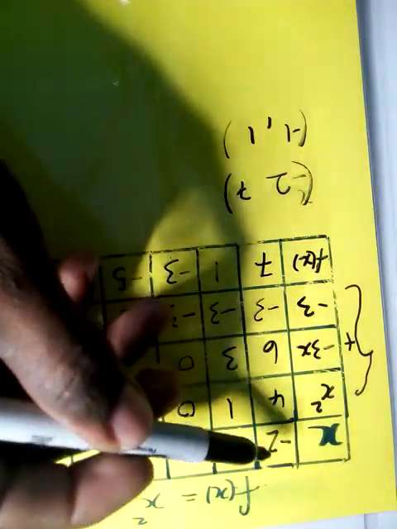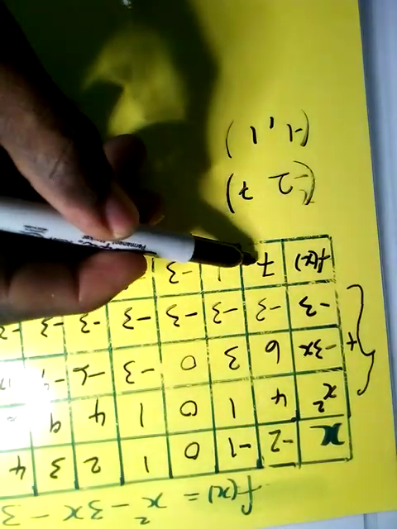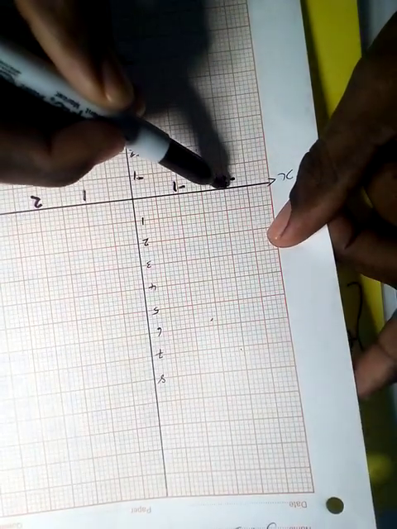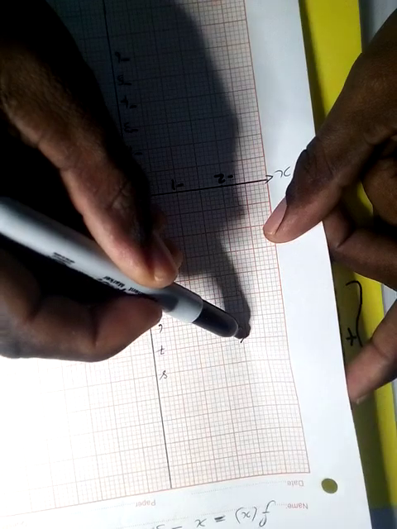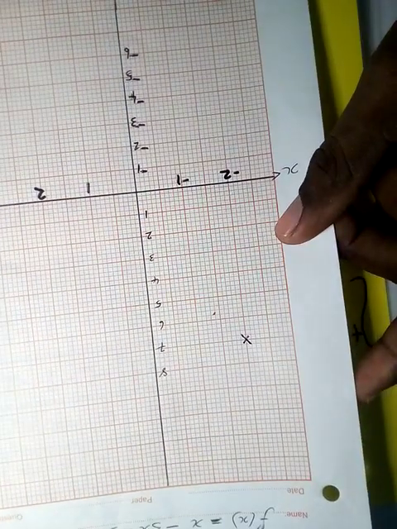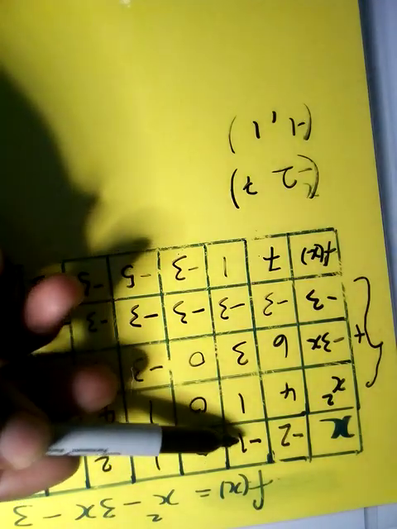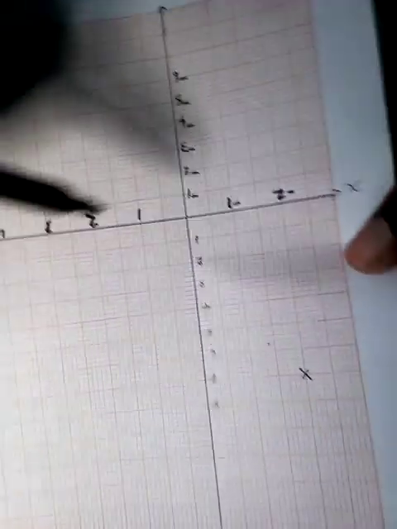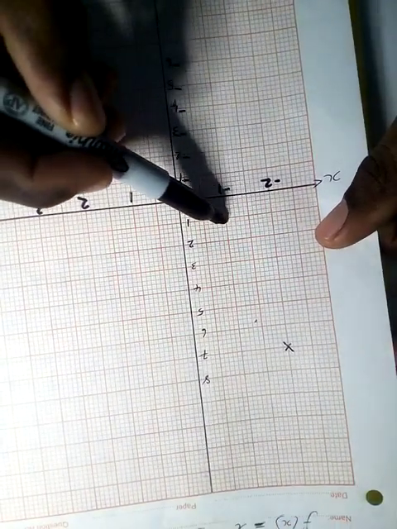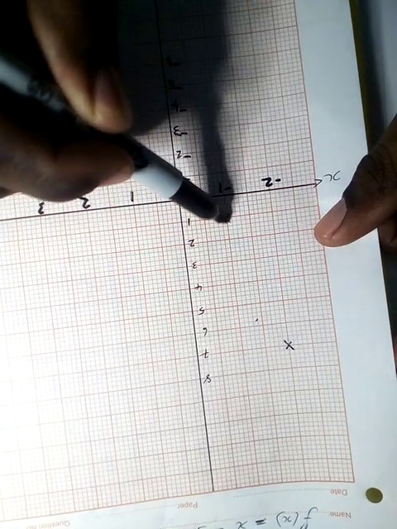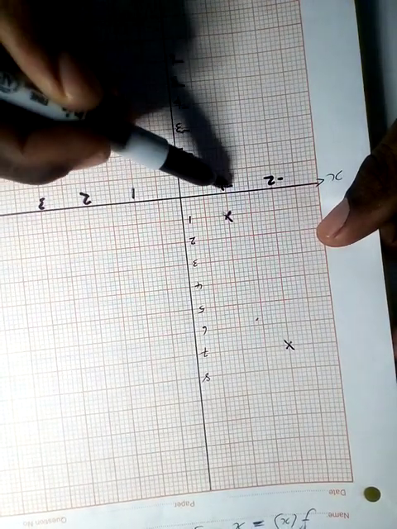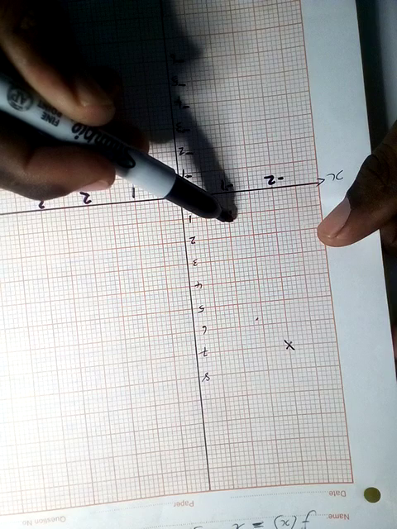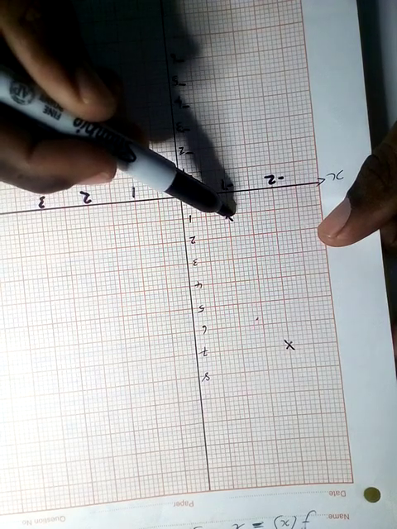So the first point is negative 2 to positive 7. So negative 2, let's move up to positive 7. The next point is negative 1 to positive 1. Negative 1 on the x, and up or down, positive 1 is up, so we go up.